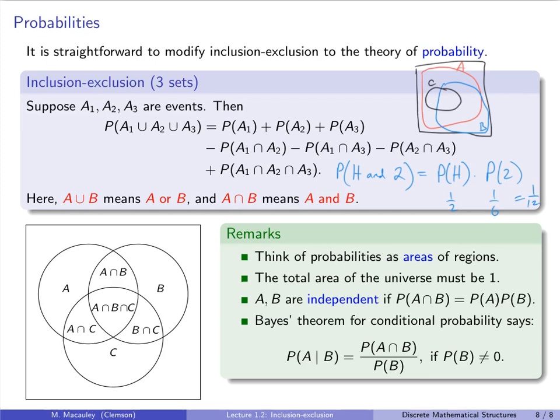Finally, Bayes' theorem for conditional probability says the following. This notation means the probability that A happens given that B happens, or A conditional on B. Let's think about what that means intuitively with this picture. Suppose we already know that B happens, that we are in this circle here.